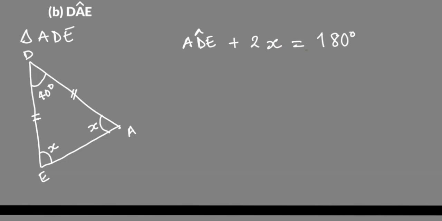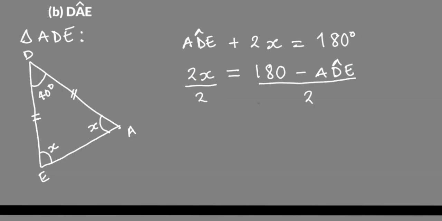Remember, this is a triangle. 2x will therefore be equal to 180 minus ADE. We want to find the value of x. We're going to divide both sides by 2. You can see the 2's there cancel out.